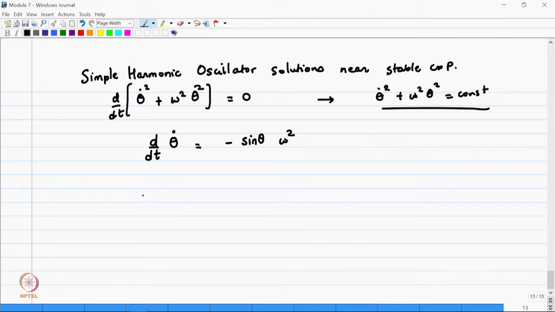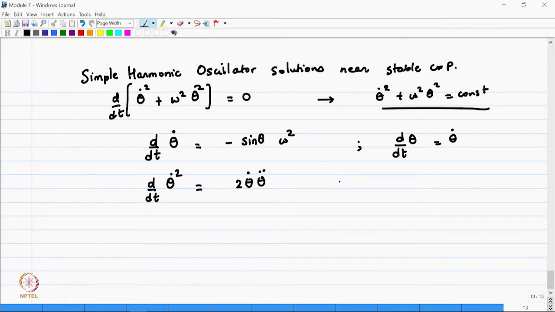Our other equation was d by dt of theta equal to theta dot. So if I look at d by dt of theta dot square, this looks like 2 theta dot theta double dot.